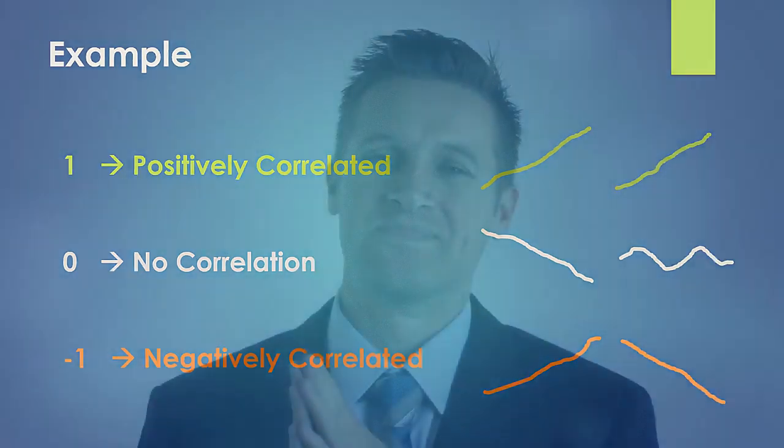So let me give you some examples to explain that a little bit better. A positive correlation would be two investment opportunities that tend to move in the same direction. So let's say two stocks that you're looking at, when one stock goes up, the other stock tends to go up. You would describe those investments as positively correlated. An example of where this would happen would be if you had two very similar companies.